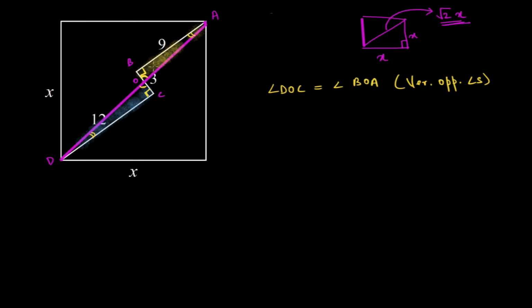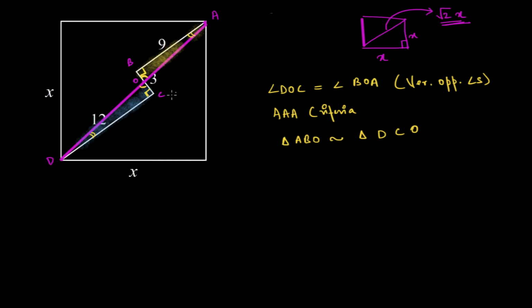Now in these both triangles, since all the three angles are equal, I can say that by AA criteria, both triangles are similar. That is, triangle ABO is similar to triangle DCO.